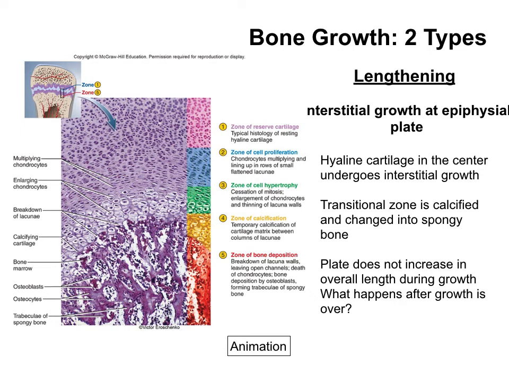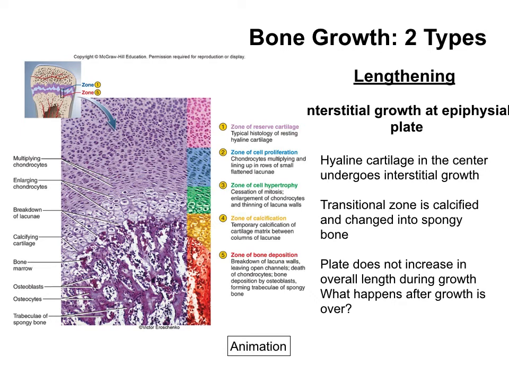So clearly your bones were not done growing the moment you were born. So what we need to talk about now is how does bone continue to grow after birth? And bone is going to have to grow two ways. We're going to have to lengthen and we're going to have to widen.